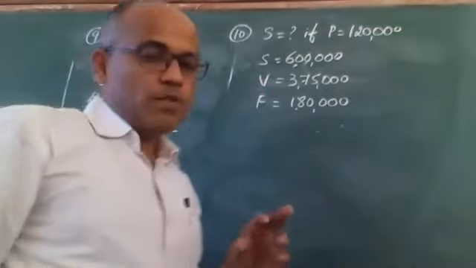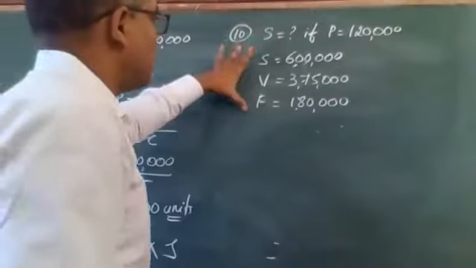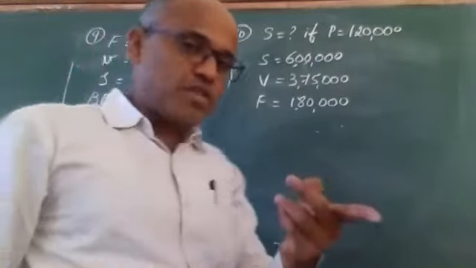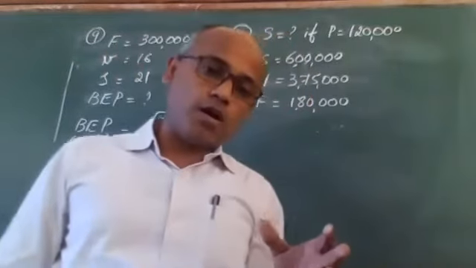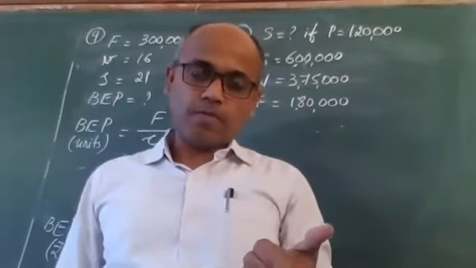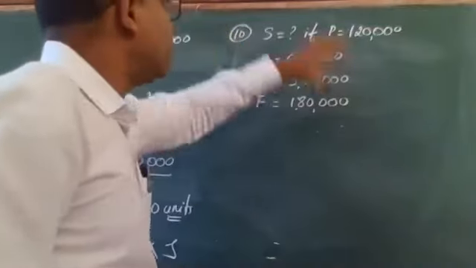Remember, whenever a question is given like this, the first thing you look at is sales, variable cost and fixed cost. Go back to the previous question. What did I say? You can find out the missing information with formulas, especially with the PV ratio. If you know the PV ratio, you can find out something missing. But do you have the PV ratio in the question?